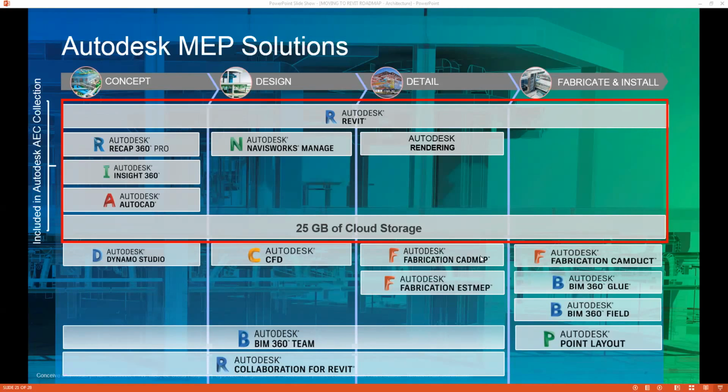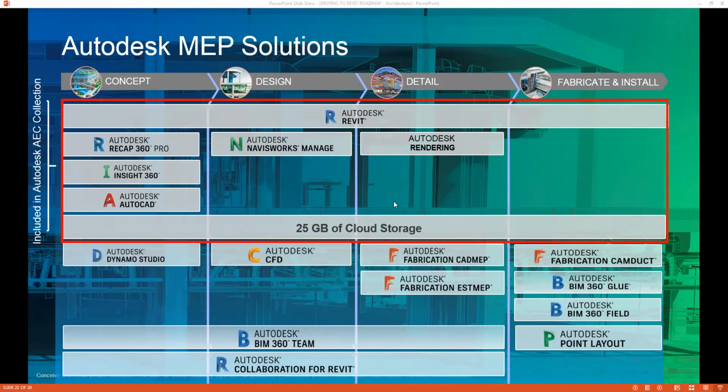Or the Fabrication CAMduct MEP or thereabout. A lot of times, these MEP consultants are in the same organization. But when it's not so, then you have to selectively talk to them about these other software packages outside the AEC collection.